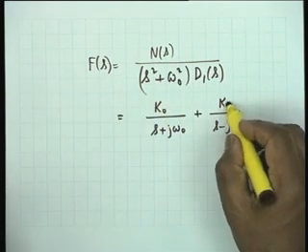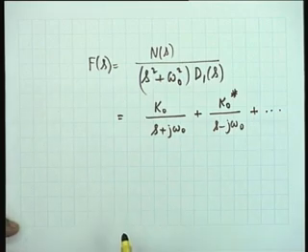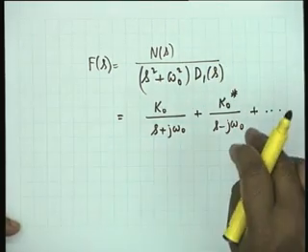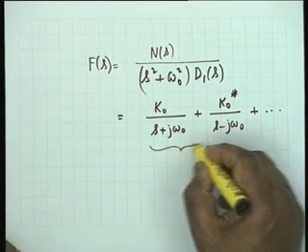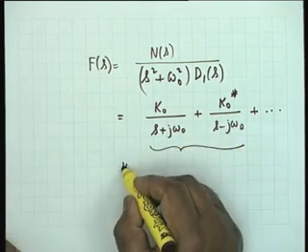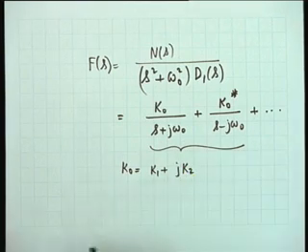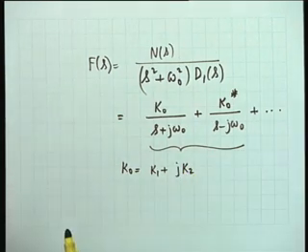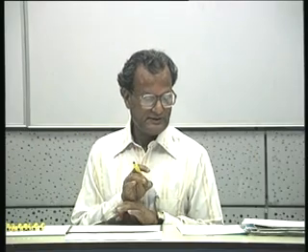So, plus other terms due to other poles. Now, if you combine these two, you assume that k0 is equal to k1 plus j k2, where k1 and k2 are real quantities. If k0 can be complex, you see our hypothesis, our statement was that if there is a simple pole on the j omega axis, the residue must be real and positive.